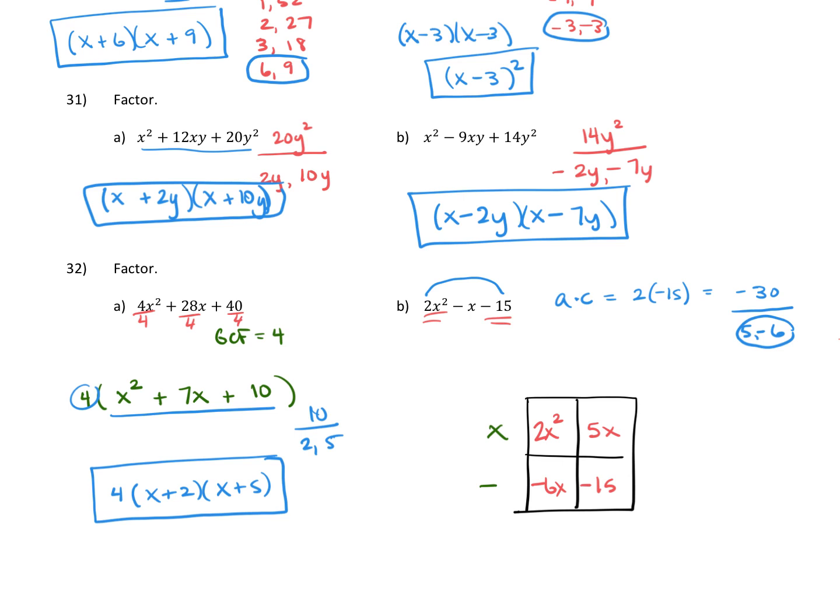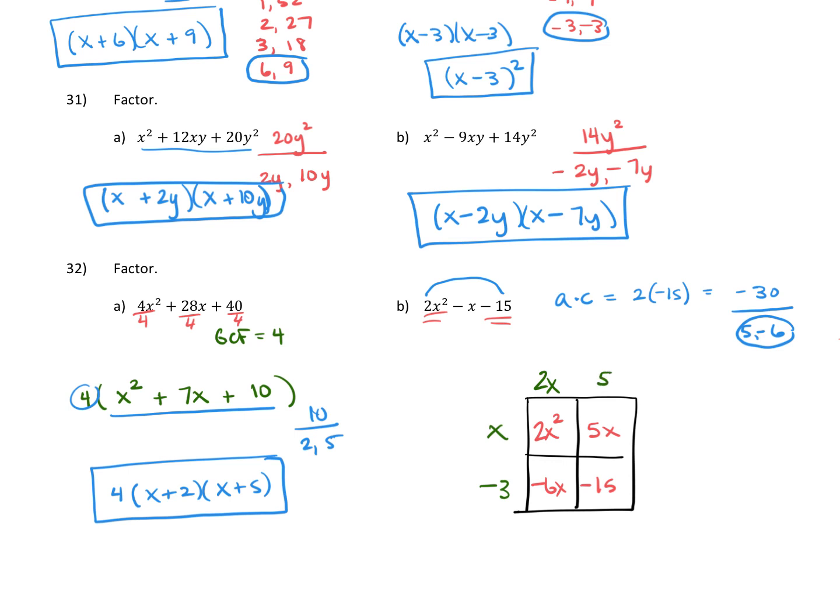That's going to be a negative 3. Now let's pull a GCF up to the top. We have a 2x squared and a negative 6x. So we can factor a 2 and an x out of both of those. And then our last column here, what can we factor to the top? 5x and negative 15. We can factor a 5 out.